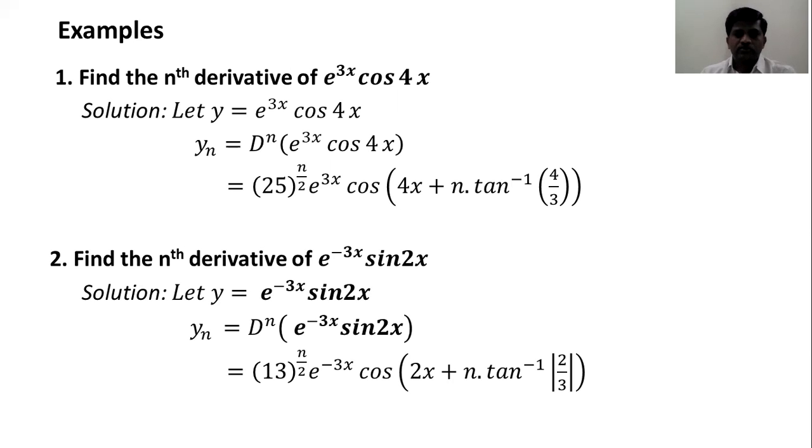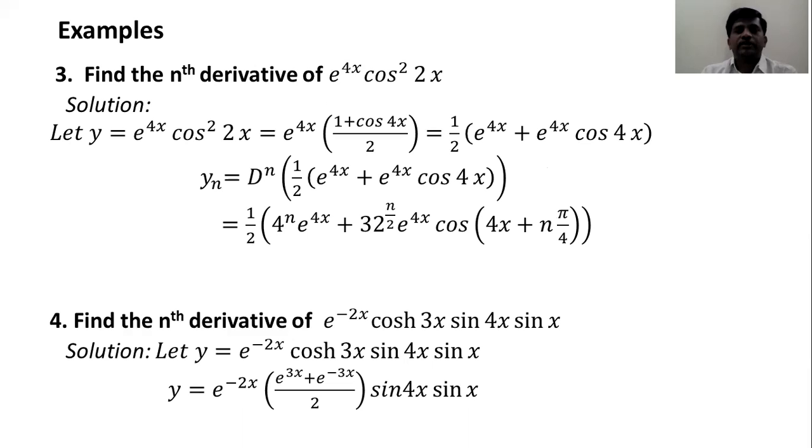So a^2 + b^2 is 9 + 4, 13, to the power n by 2, into e^(-3x) cos(2x + n tan^-1(2/3)). The negative sign is ignored, since the angle is always positive; here we are writing the amplitude, so we consider only the positive value.